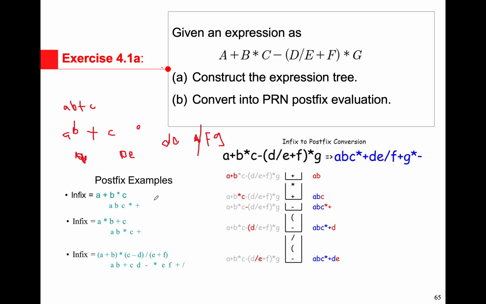For A plus you have B multiple with C. A, B, C, and then you will go like this. From your left to your right and then to the parents. This is the example from this one.